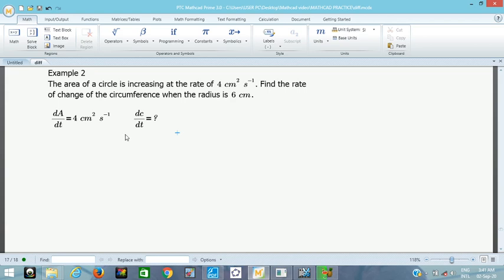How are we going to get this result? If you remember our previous example, we were asked to find the rate of change of the area, so we used the area of a circle and differentiated it. Now they want the rate of change of the circumference of a circle, so you put down the formula for circumference, then differentiate it, then use your chain rule, and that is all.